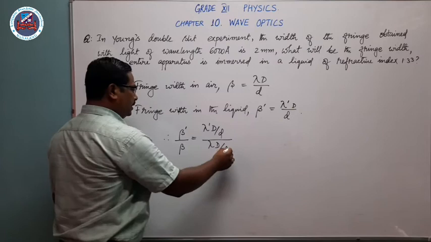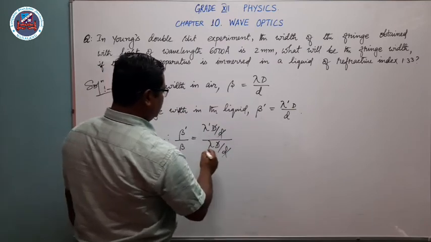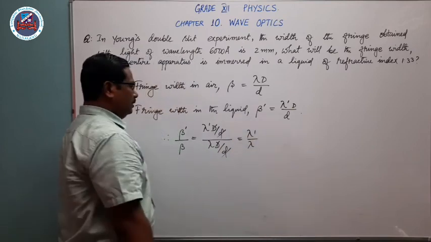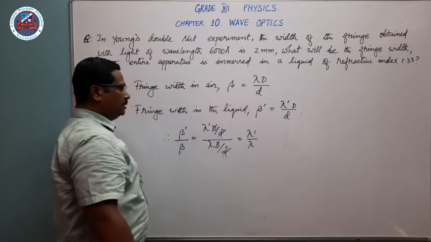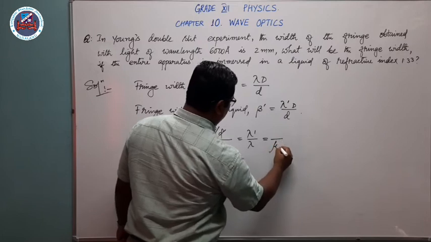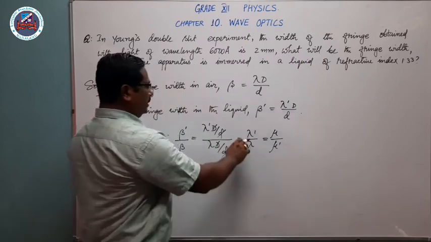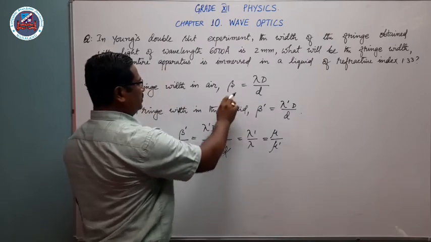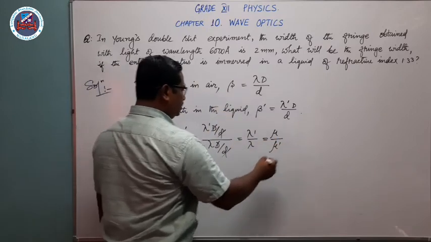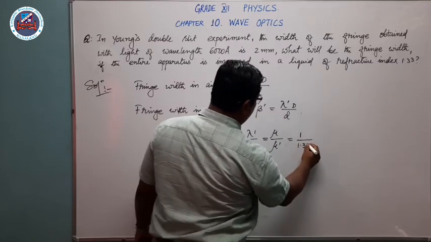If you cancel D and d, you get lambda dash divided by lambda. As wavelength is inversely proportional to refractive index, this will be mu for air divided by mu dash for the liquid, where lambda is for air. For air the mu value is 1, and for the liquid they have given 1.33.